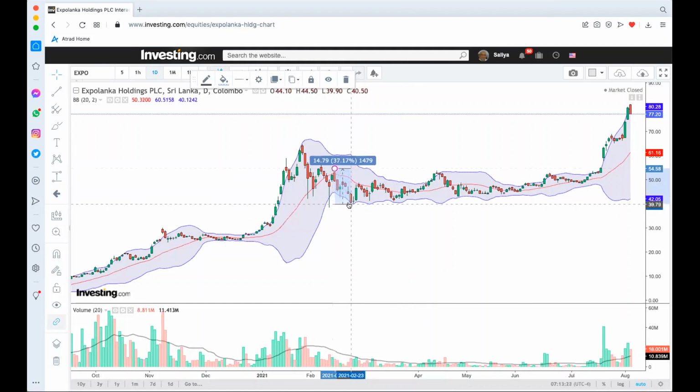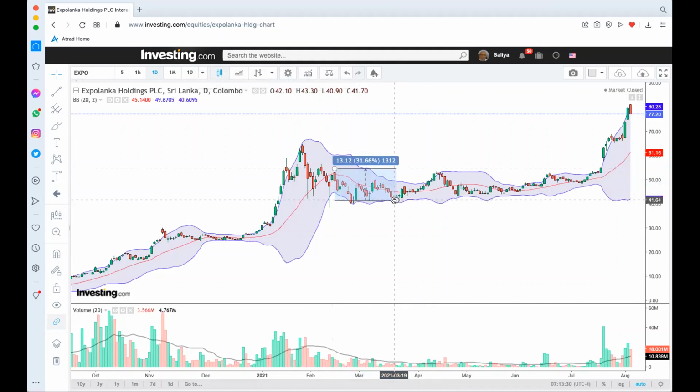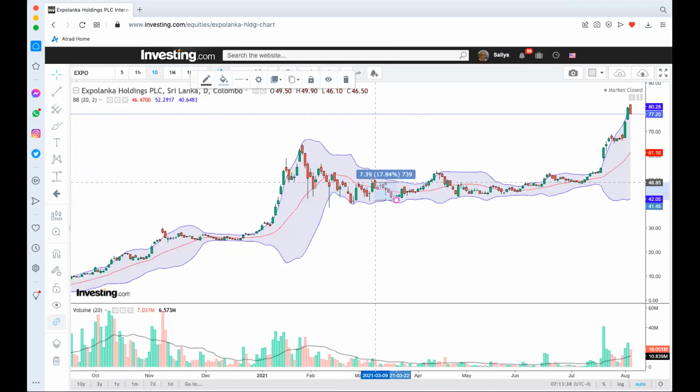If you take a very narrow range compared, let's say over here, that's the low on the 19th of March, which is at 40.90, and compare that with this high that's on the 22nd of March, and this is the 19th of March and the 8th of March, I'm sorry, 9th of March, you will see a 20% return, right?